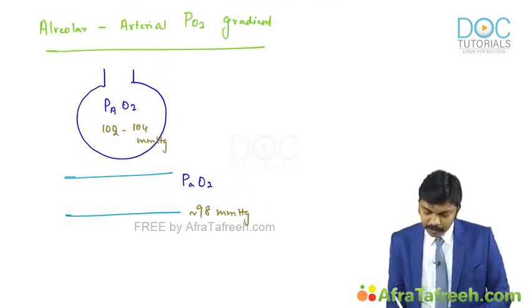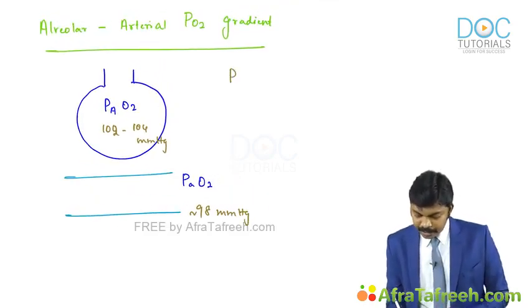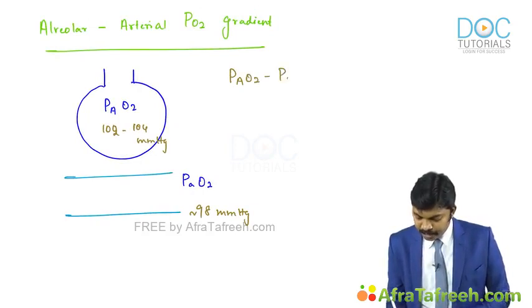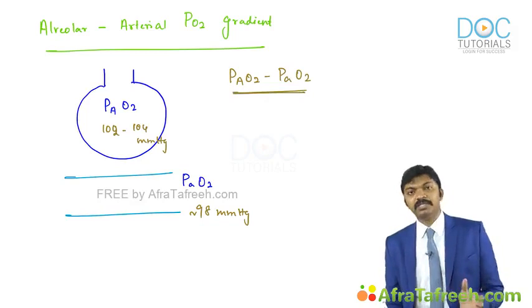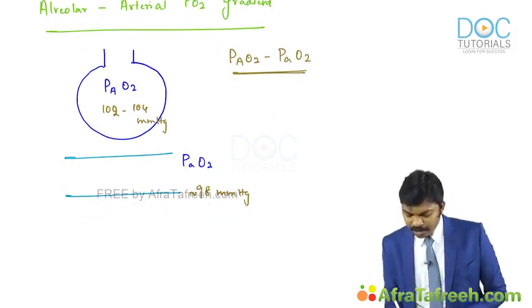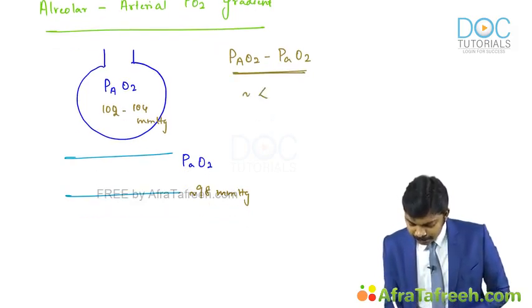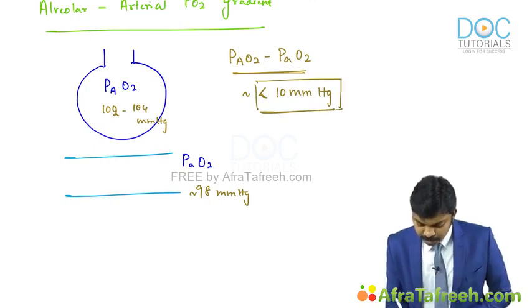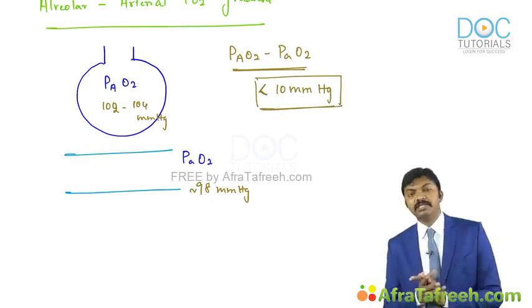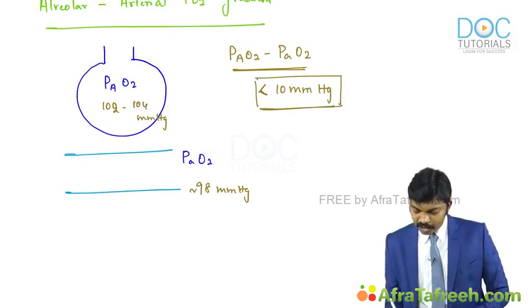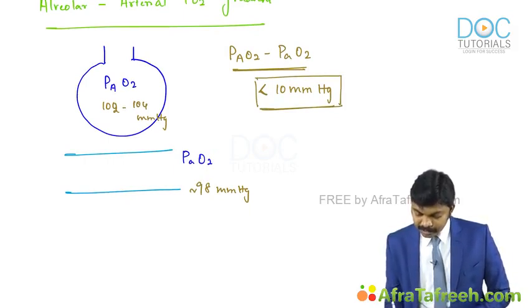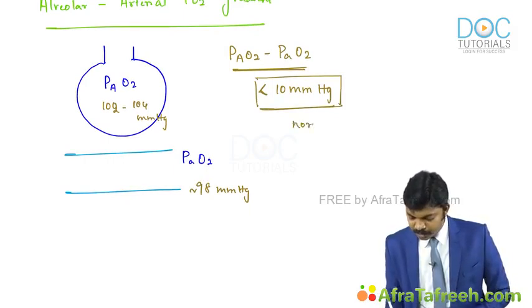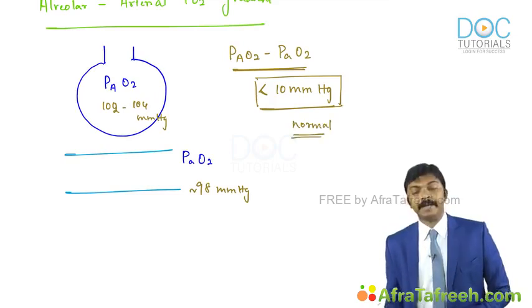So the normal alveolar arterial gradient, the difference between oxygen partial pressure in alveolus and artery, will be less than 10 millimeters of mercury, doctors. In spite of all the differences in physiological conditions, the normal alveolar arterial gradient should be less than 10 millimeters of mercury.